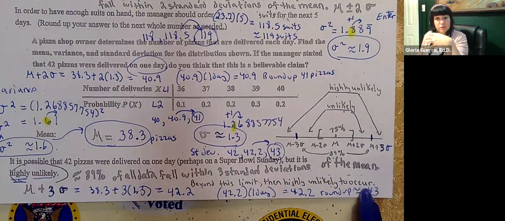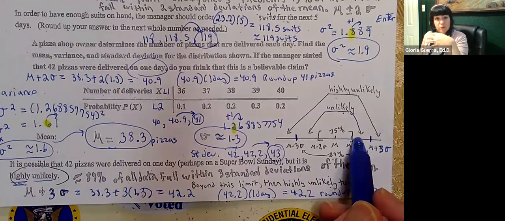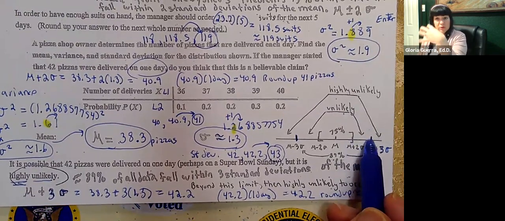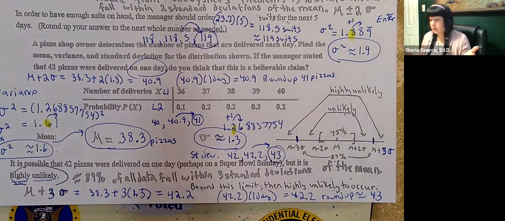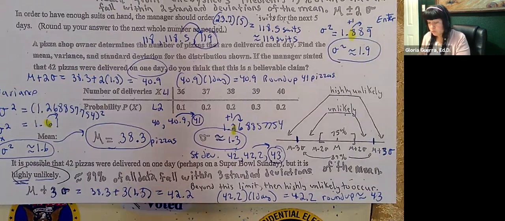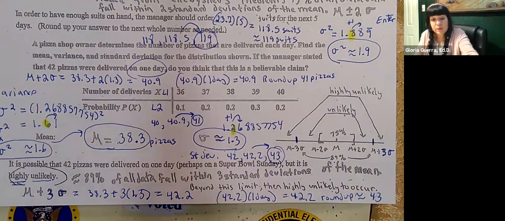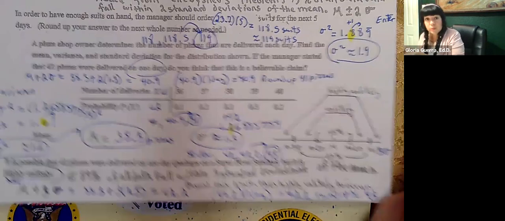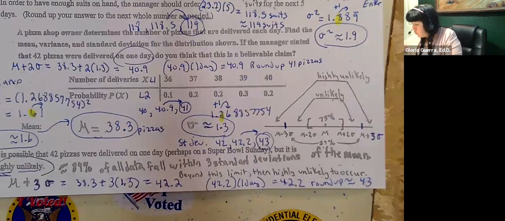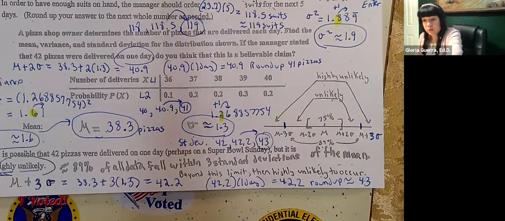This work gave us 43. This work gave us 41. So yeah, you're in this ballpark. So you can say either unlikely or highly unlikely, because we're talking about 42. Okay. I hope that makes sense. And work on your homework for 5.2 then. Good luck with that.